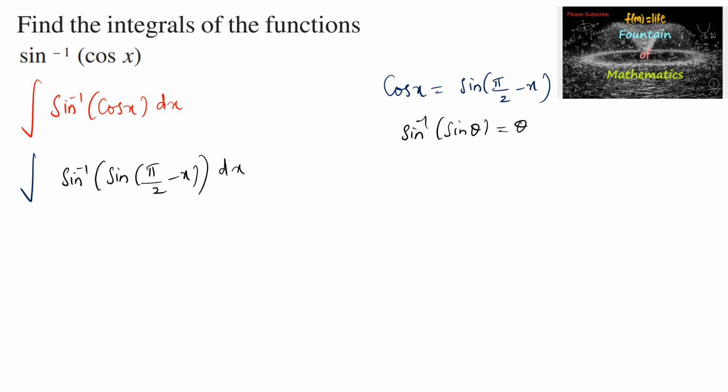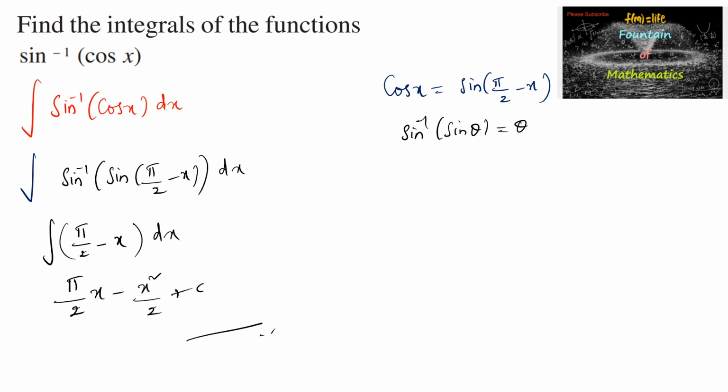So here sin inverse of sin, it is pi by 2 minus x, so we can say the integral of pi by 2 minus x dx. So we can write the integral pi by 2 x minus the integration of x is x^2 by 2 plus c. So pi by 2 x minus x^2 by 2 plus c is the answer.